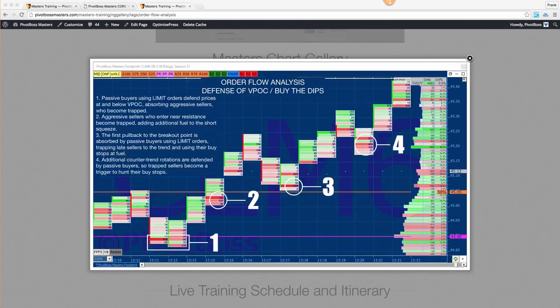This is order flow analysis when the defense of a volume point of control occurs, and then from there you see the buy the dips approach play out. In this case, this is VPOC right here, 44.90. What you don't see is the sell imbalance going bid and price rotating higher.